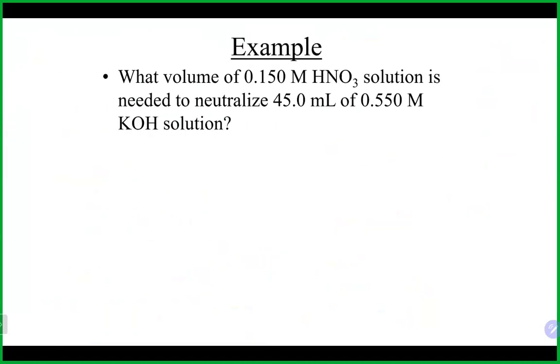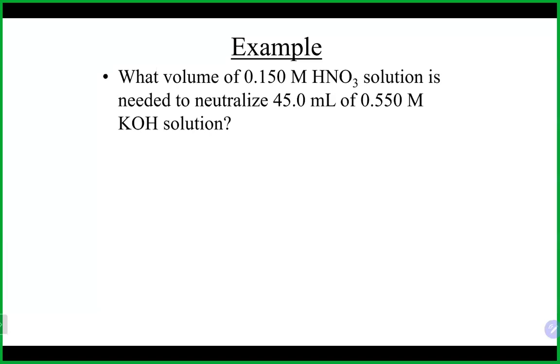All right, so let's do a problem here just to see how it all works together to finish it up. What volume of 0.15 molar nitric acid is needed to neutralize 45 milliliters of 0.55 molar potassium hydroxide? So this is a titration problem, and when it says neutralize, that's really what we're doing here.